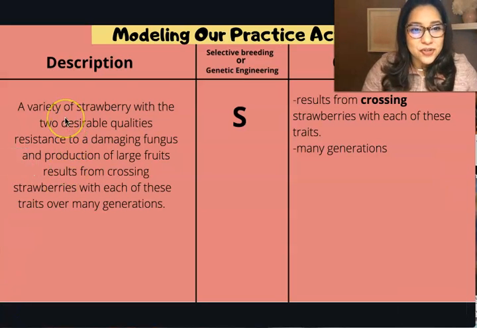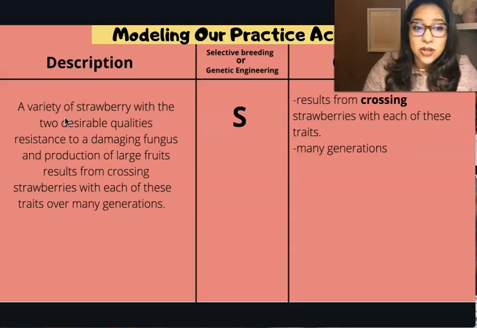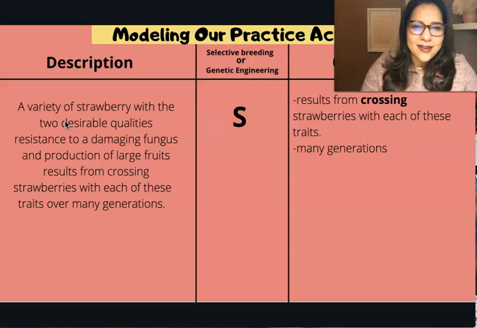So a variety of strawberry with the 2 desirable qualities, resistance to a damaging fungus and production of large fruits, results from crossing strawberries with each of these traits over many generations. So immediately I'm looking for clues, right? What's going to help me determine if this is selective breeding or genetic engineering?